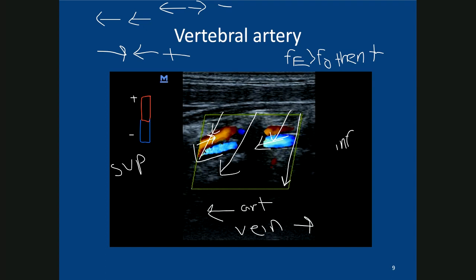Therefore, these two arrows are chasing each other, as they are here in this negative situation, and therefore are color-coded blue. These two arrows are hitting each other. The flow is coming towards the direction of the beam, and therefore we have a positive shift, or the return frequency will be greater than the original frequency.